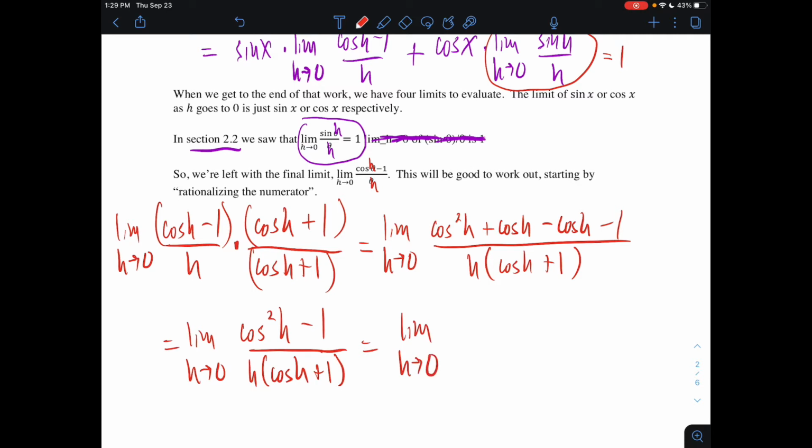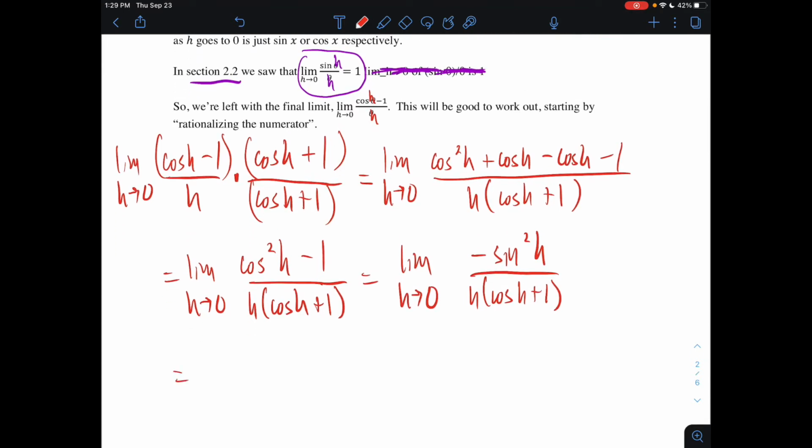Cosine squared h minus 1 is the same thing as negative sine squared h. And then what I'm going to do next is have a product of fractions, where in the numerator I have two factors of sine h, so I'm going to have negative sine h divided by h, and then times the other fraction will be sine h divided by cosine h plus 1.